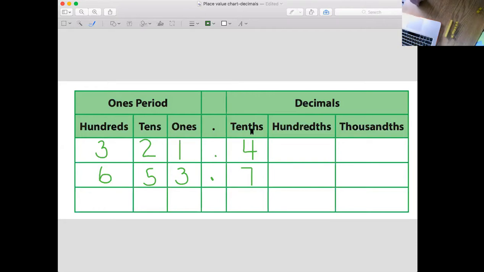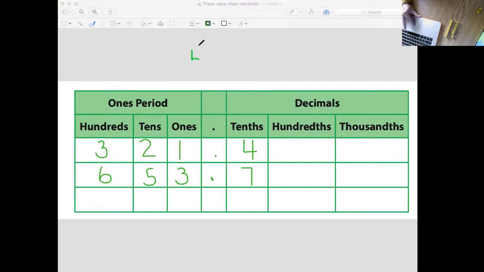It's the same as a fraction, okay? So this 4/10, sometimes you've seen it like this. 4/10.